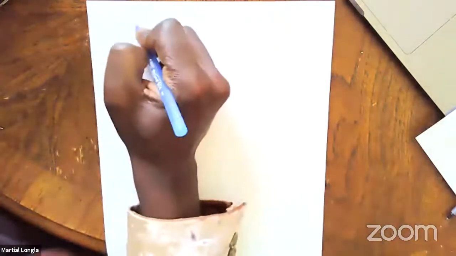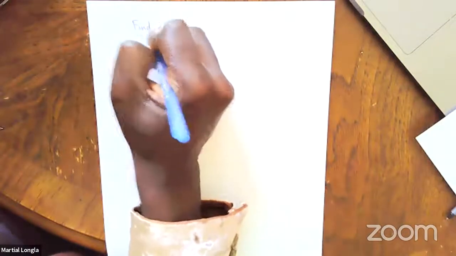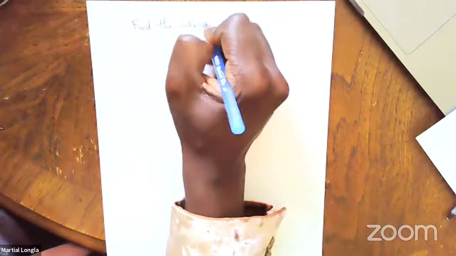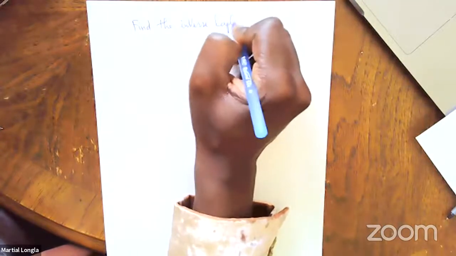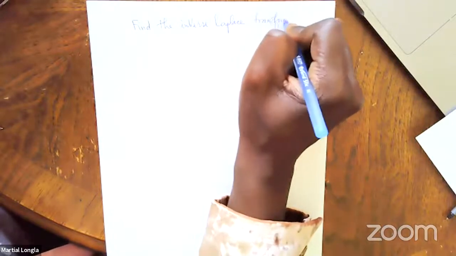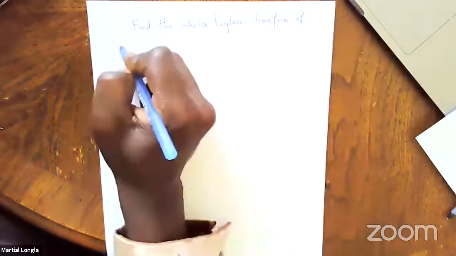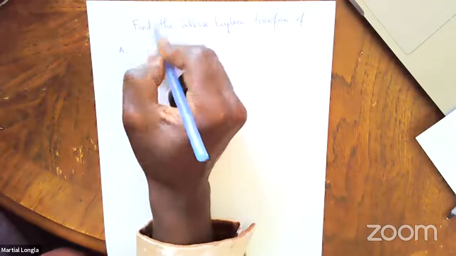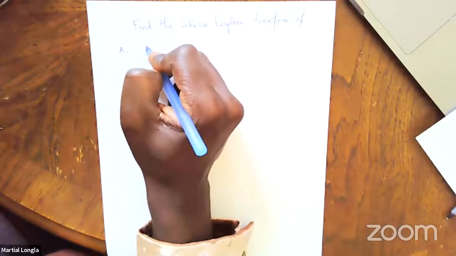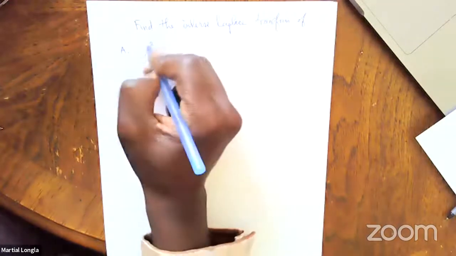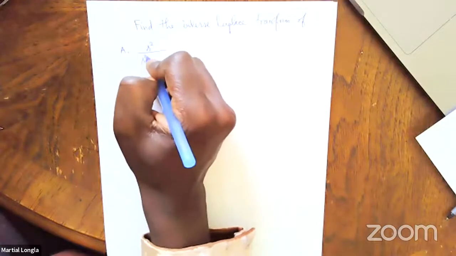So now the question would be: find the inverse Laplace transform of s over s squared plus 2s plus 2.